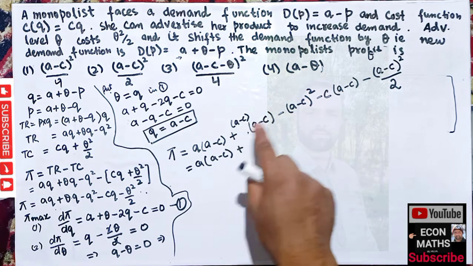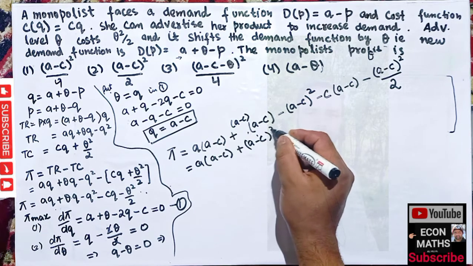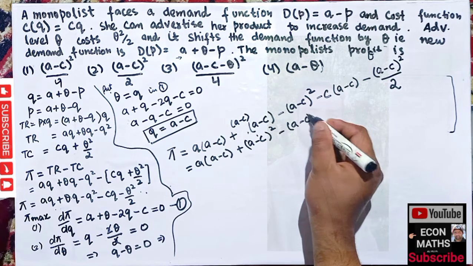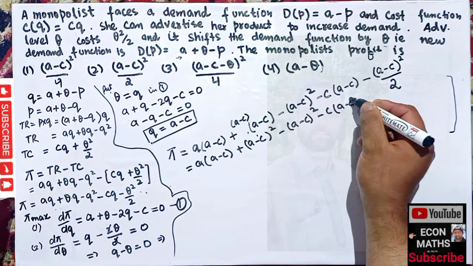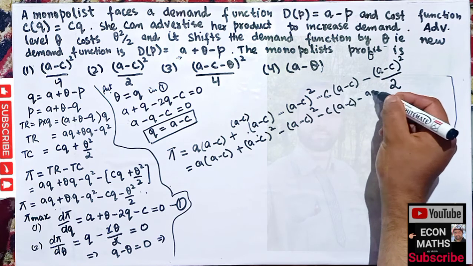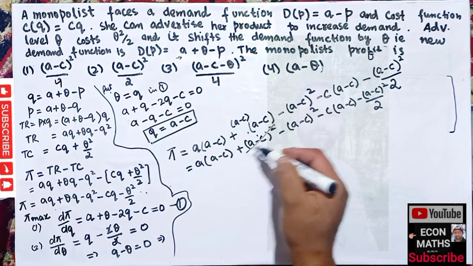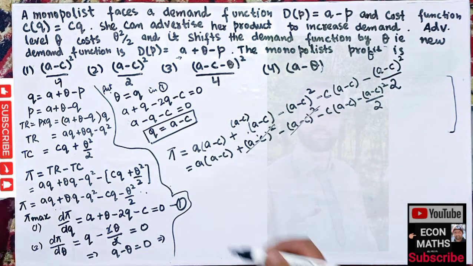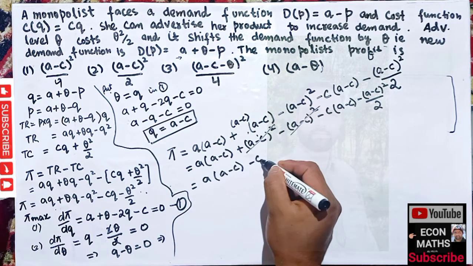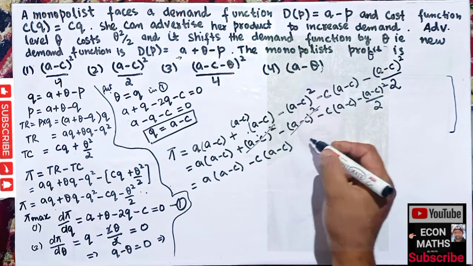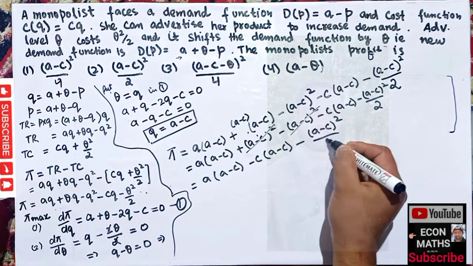Now a minus c and a minus c is equal to a minus c whole square. Then we have a minus c whole square again, minus c, a minus c, minus a minus c whole square divided by 2. This a minus c gets cancelled, so we have a minus c minus c, a minus c, minus a minus c whole square divided by 2.